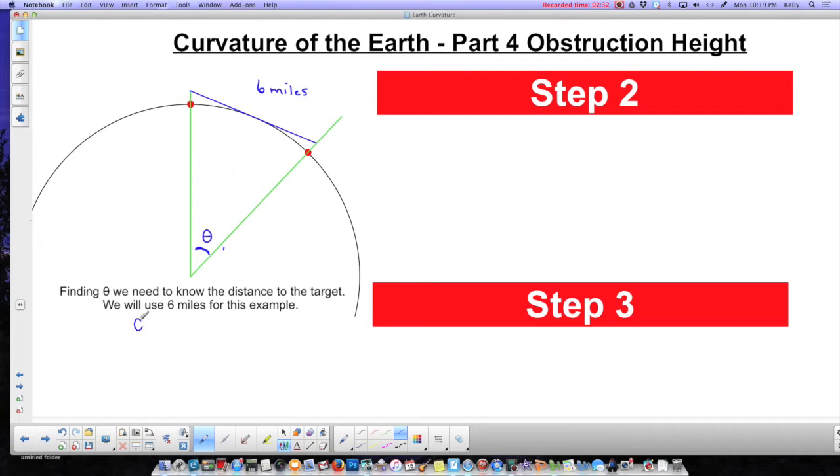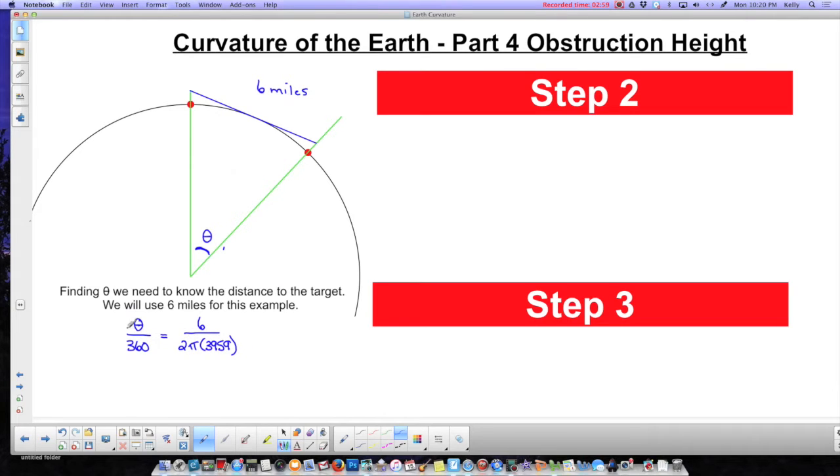So theta, when compared to the entire circle, which is 360 degrees, will be the same as when I compare this arc here to the entire circle. That arc is 6 miles, and the entire circle will have a circumference of 2 pi times 3959, which is the radius of the Earth in miles.